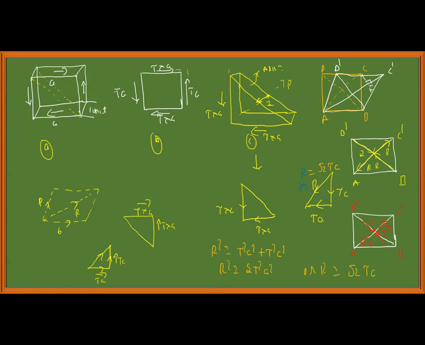G, let us consider a cube, and I'm writing the forces acting on the planes. These are the forces acting on the planes. Now, if I take a section like this, the thickness is 1 unit, but we should understand that one of the diagonals is under tension, the other diagonal is under compression. This is under tension, this is under compression. How I came to that conclusion is from the law of parallelogram of forces.